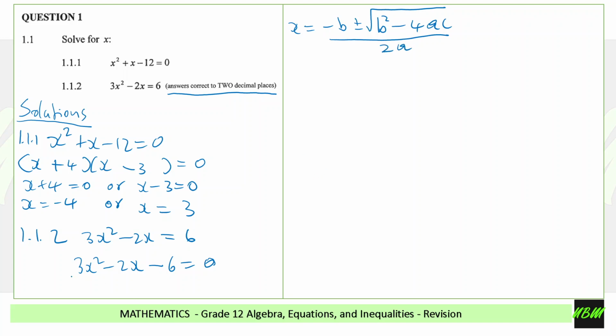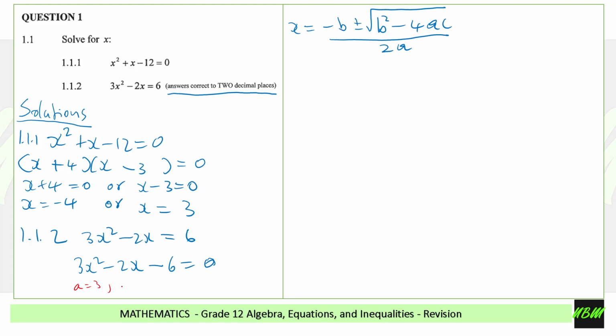So on our equation, we need to identify the parameters a, b, and c. a is the coefficient of x squared, so a will be equal to 3.